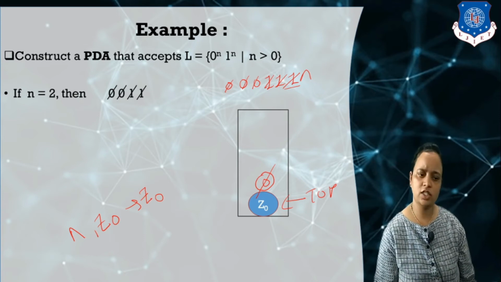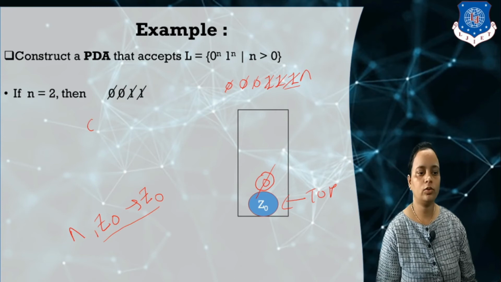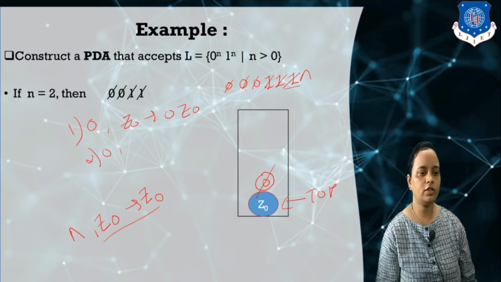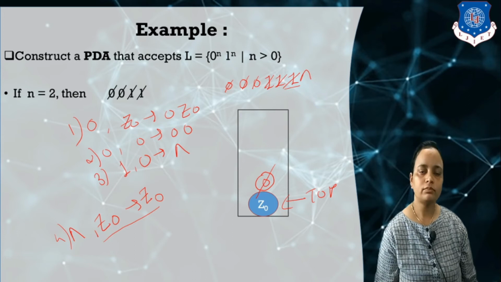Just perform a skip operation, and this transition moves to the final state. So there are two transitions for input 0: from z0, the initial state, perform the push operation for the first 0 input symbol, and 0 with 0 also a push operation. The third possibility is for 1: if the topmost symbol is 0, it is a pop operation. This one is the fourth. So a total of 4 transitions is performed for this operation.